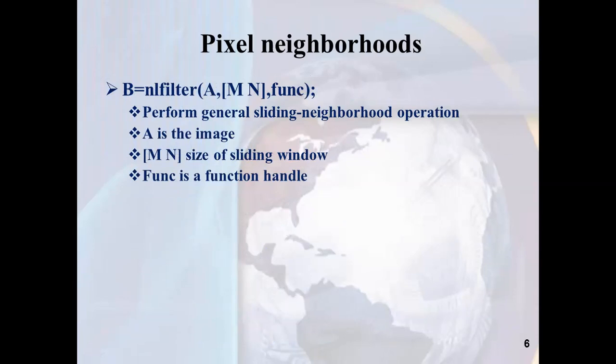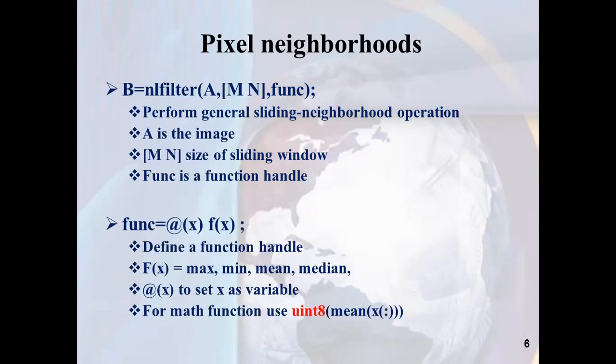So what is the function to be applied? For example, average, minimum, maximum, median, and so on. So the function handle fx can be maximum, minimum, mean, median. These functions are MATLAB functions, so we can use them directly. And add x in order to define the variable x, that this function has a variable x.